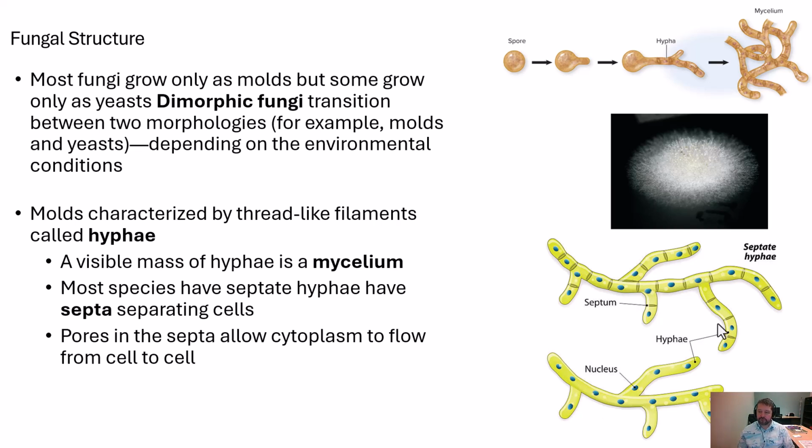And so here you can see the septate hyphae. They have these little septa, or septum, that separate two nuclei or two cells, except they're porous, so they actually have holes in them, and that allows the cytoplasm to be connected, so they can exchange nutrients between cells very easily.